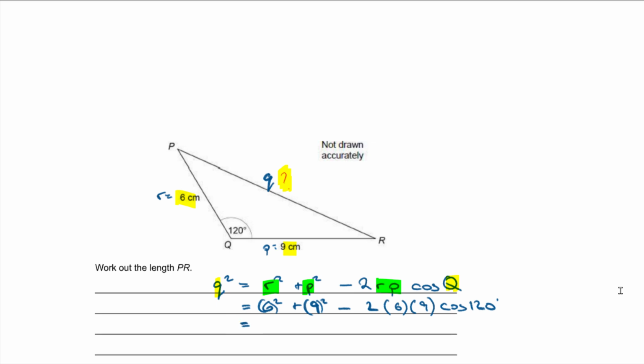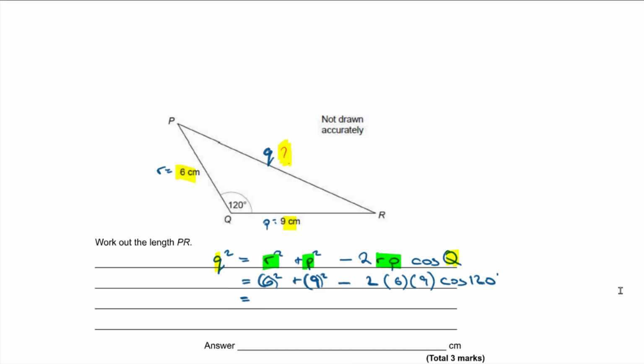Now, there's quite a lot to type into your calculator. You can type it all in straight away, okay? I tend to like to do the easy bits of the maths in my head because I know I'm better at working out basic maths than I am at typing things accurately into the calculator. I make more keying errors on the calculator than I do by multiplying simple numbers together because I've been practicing for many years.